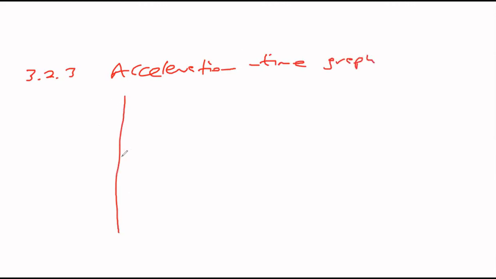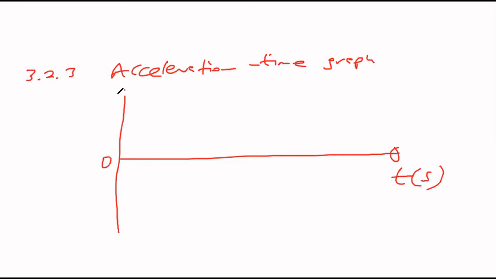So this is 3.2.3. This is the acceleration time graph. Okay, let's sketch it. So here we have t in seconds along the x-axis, 0, then along the y-axis we have g in meters per second squared.